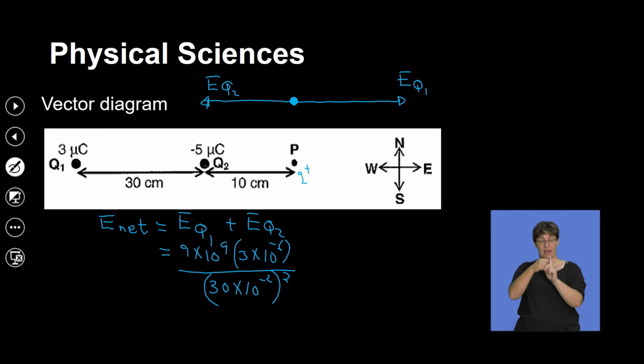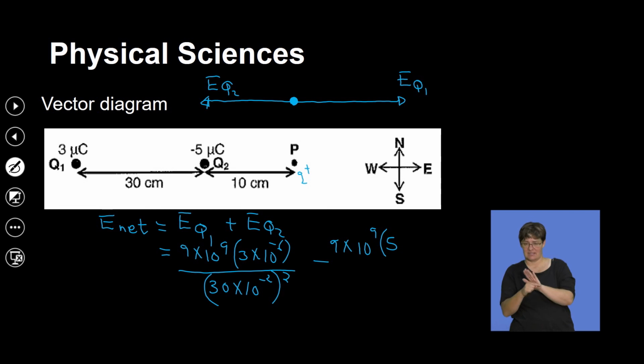Plus, but the plus here is for the sum. But then E due to Q2 is westwards, which is negative for the direction. 9 times 10 exponent 9 multiplied by 5. Remember, we ignore the negative, because if we say minus, minus is going to be plus, and it would be as if E due to Q2 is also eastwards.